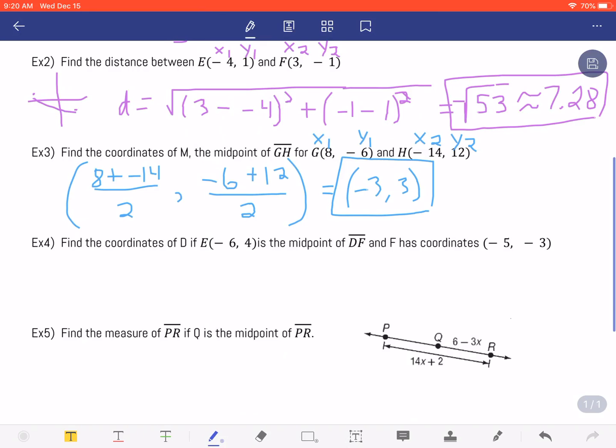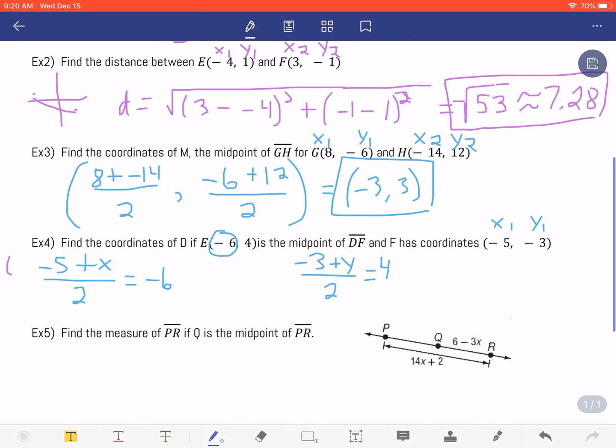I have the -5, this is going to be my x1 and my y1, plus the other x value that we don't know, divided by 2, has to equal the -6 from right here. So I'm going to solve that equation, and then the one for the y, I would have -3 plus y over 2 has to equal 4.